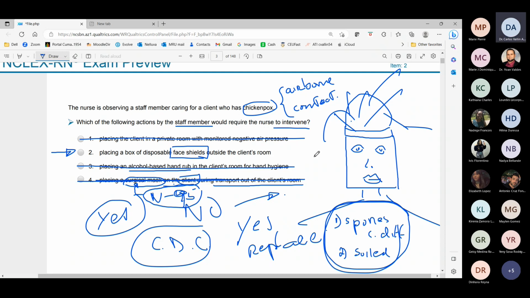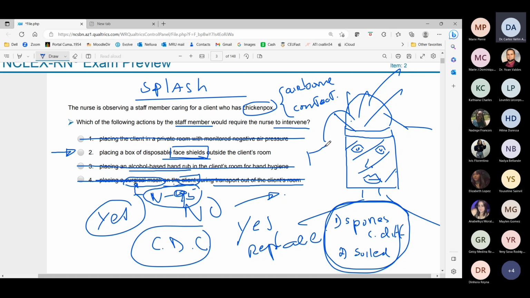So who can tell me in which situation we use a face shield? When there's a splash. That's it. And there is nothing in this question that says the nurse will routinely have a splash with all the interventions for this client, so there is no reason to place one outside the room.